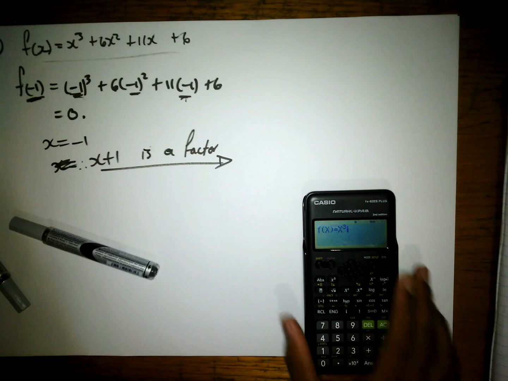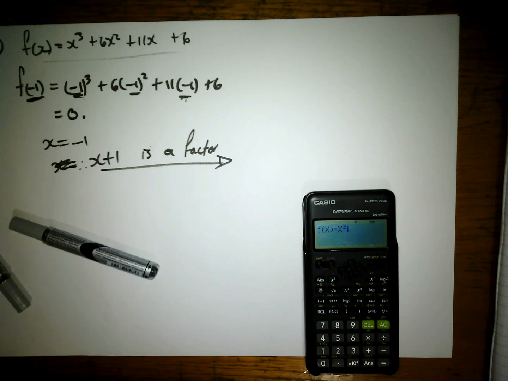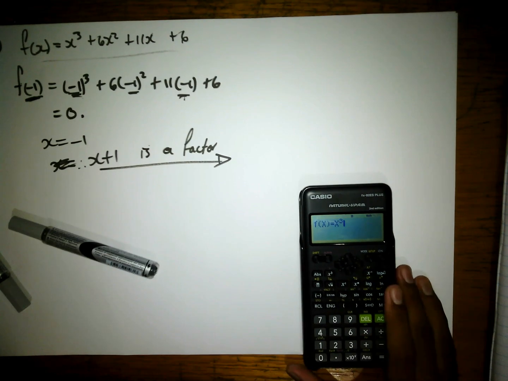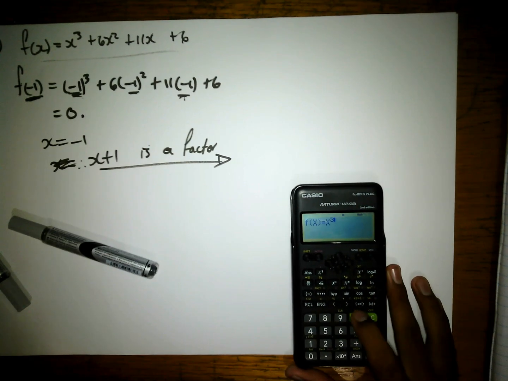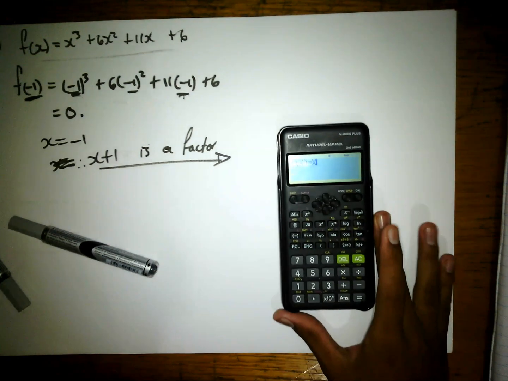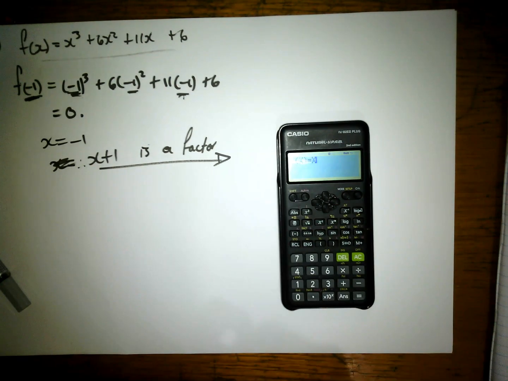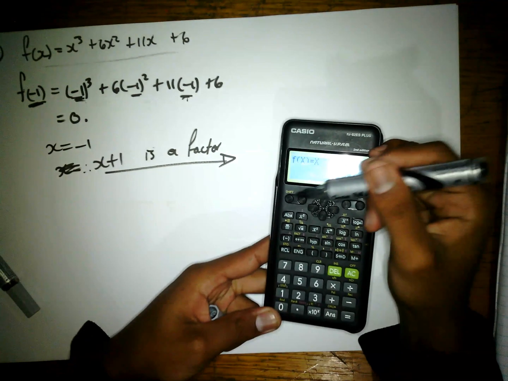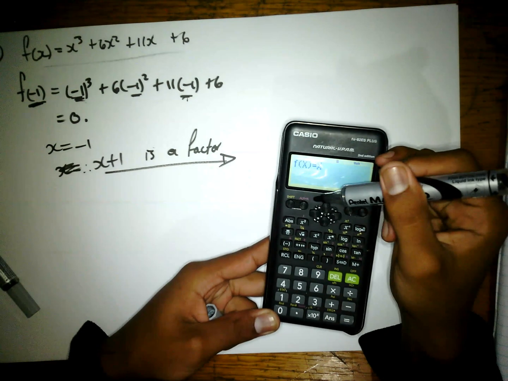Can sir maybe take away the x? Yes, so the x now. You want to see where to get it from? Okay. On your calculator, you have a thing called shift, right? Shift and alpha.